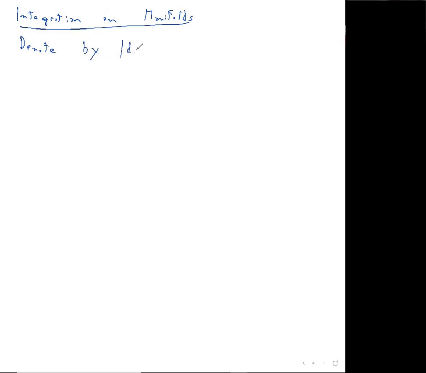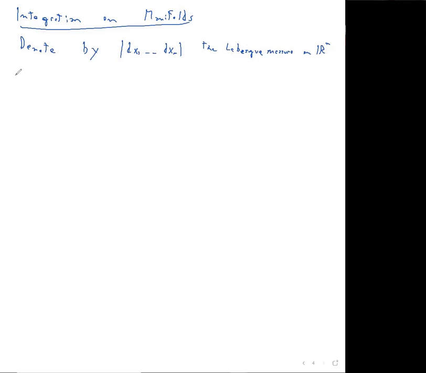So we will write dx1, blah, blah, blah, dxn with the absolute value to denote the Lebesgue measure on Rn.